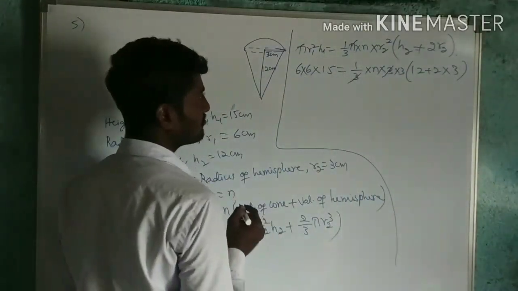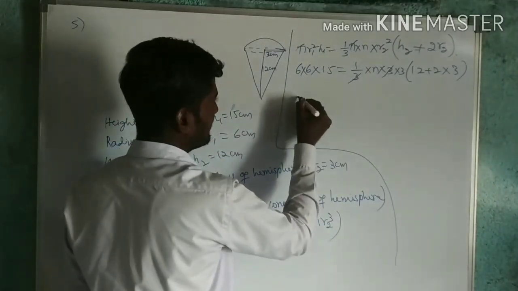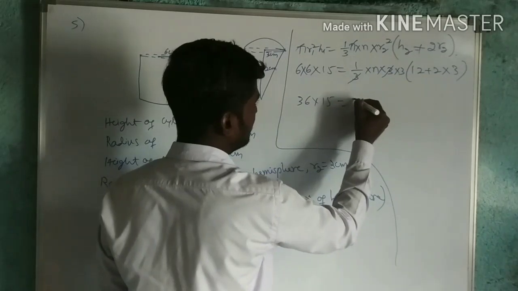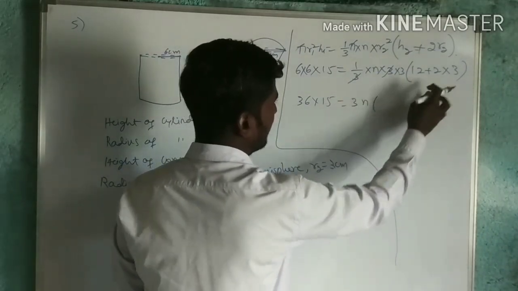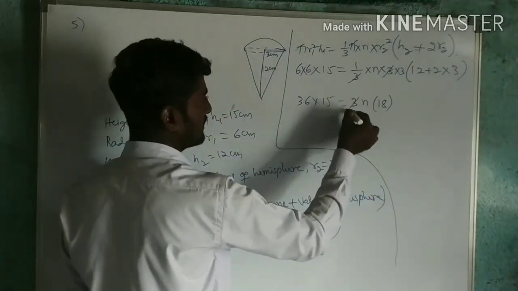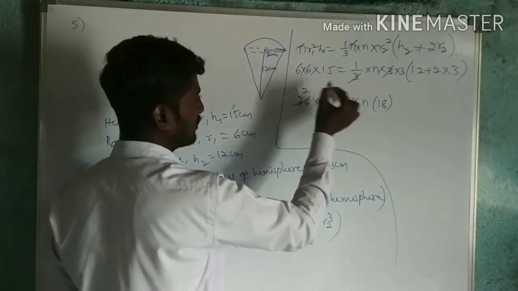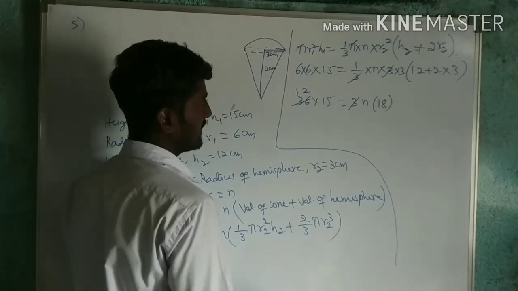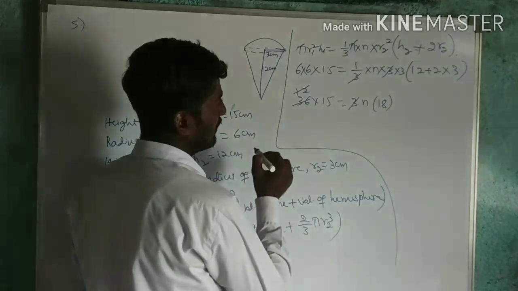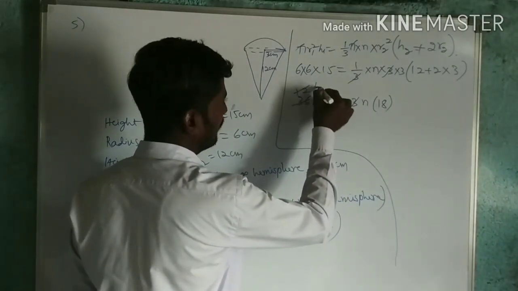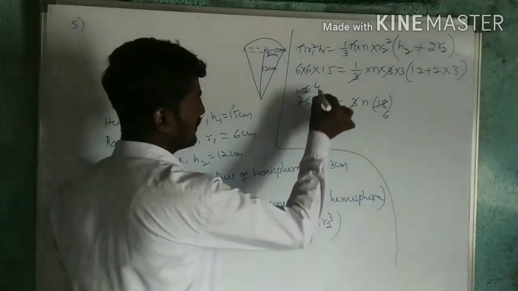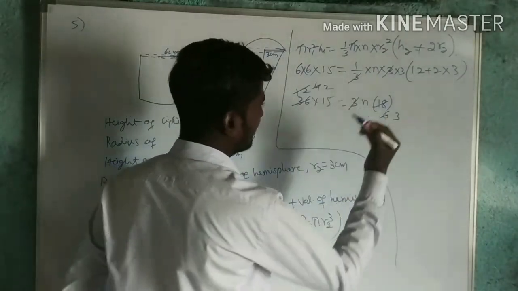Now let us simplify this. 3 gets cancelled. Now 6 6s are 36 into 15 equals 3n into inside 12 plus 6, that is 18. Then I can cancel this: 3 1s are 3, 3 4s are 12, 3 6s are 18, 2 2s are 4, 2 3s are 6.